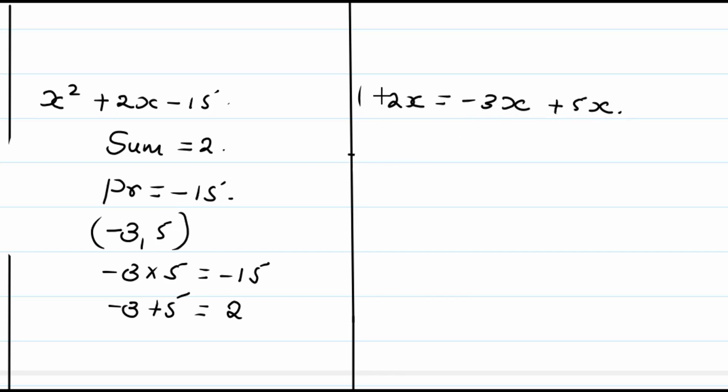And now, instead of writing this 2x here, I'll replace it with negative 3x plus 5x. So it will be x squared, then minus 3x, then plus 5x, which is what we expanded for this 2x, then minus 15.